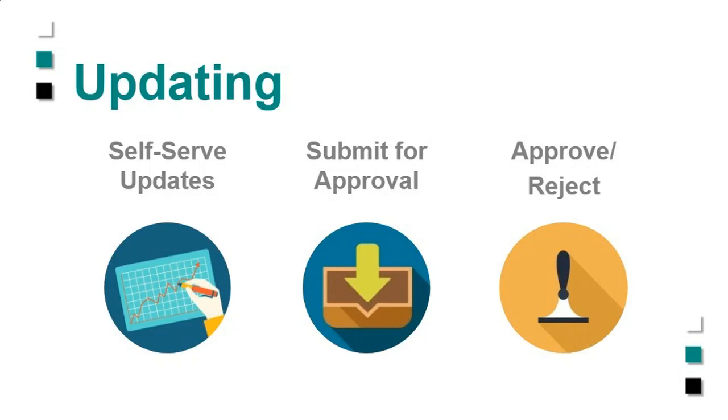We have both methods, so whatever makes most sense for your team can be deployed. And if there's something that's not okay with any activities, you can reject it and hold it back until it's resubmitted.